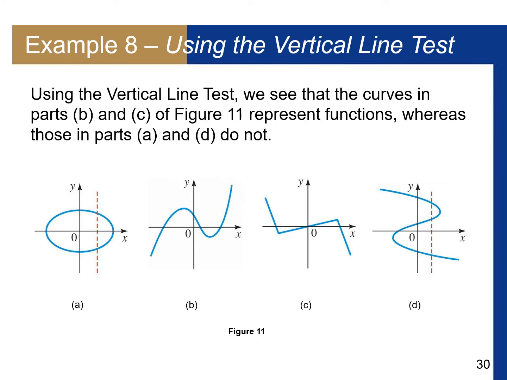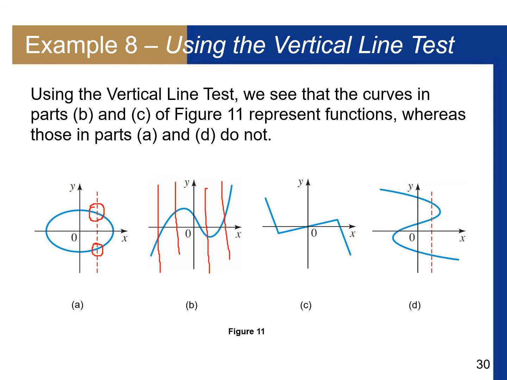So we see here that it's hitting the graph twice, so this is not a graph of a function. But we see here, no matter where I go, as long as I draw a line straight, which again, I'm not doing a very good job of, this is a graph of a function.